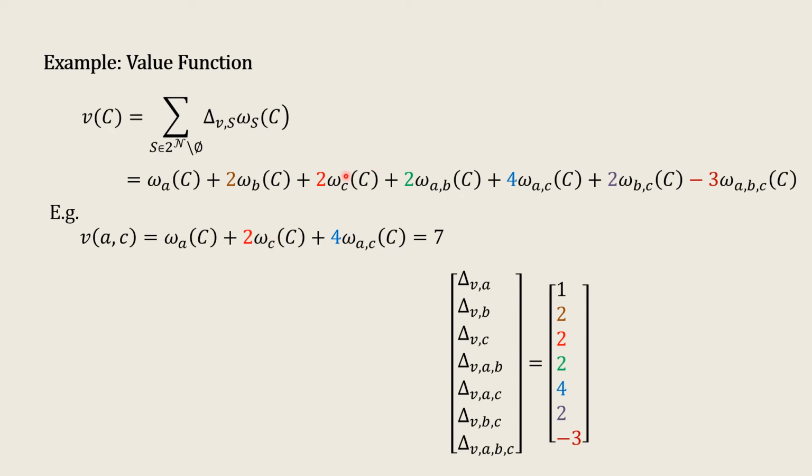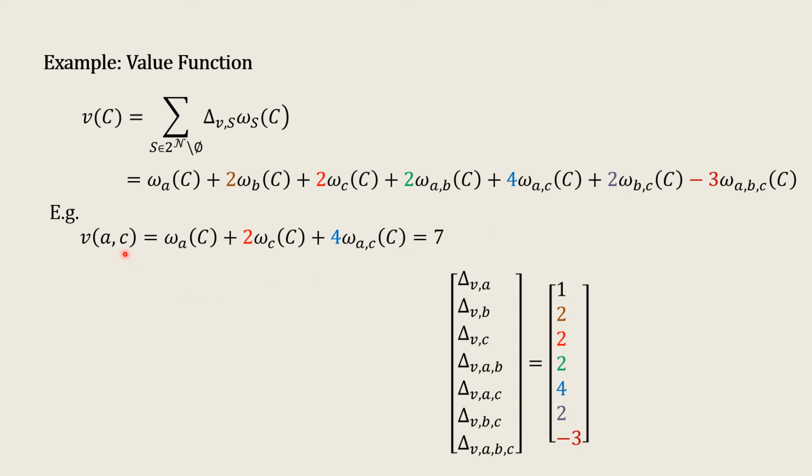This omega C would be a 1, and then AB is not contained in AC, so again I'll drop this term because omega AB is 0, and then here AC, this omega AC is 1, whence I have 4 here, and this 2 again.